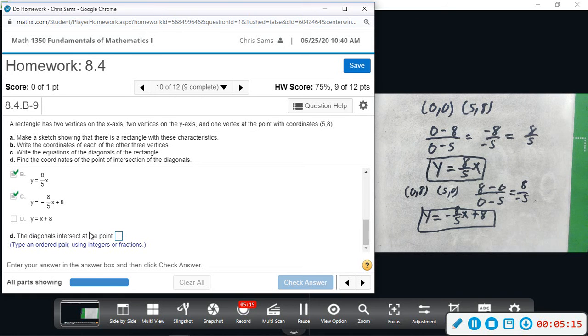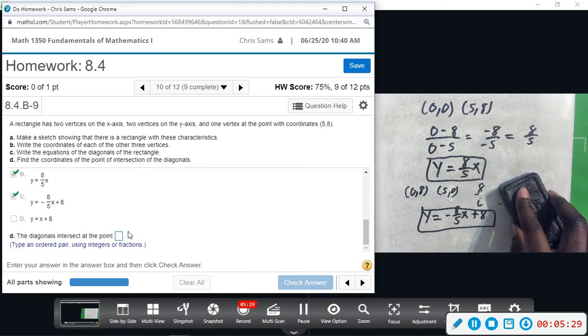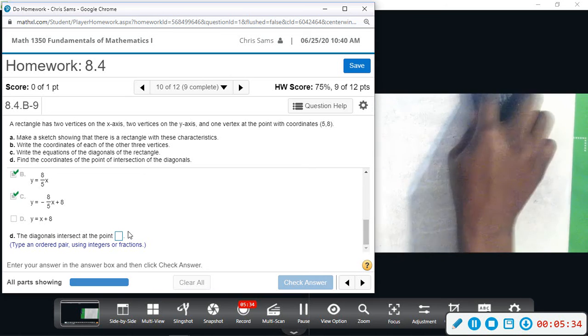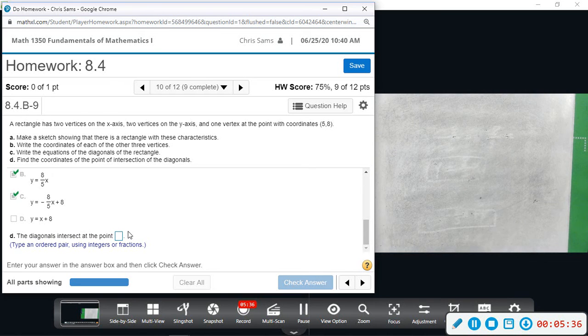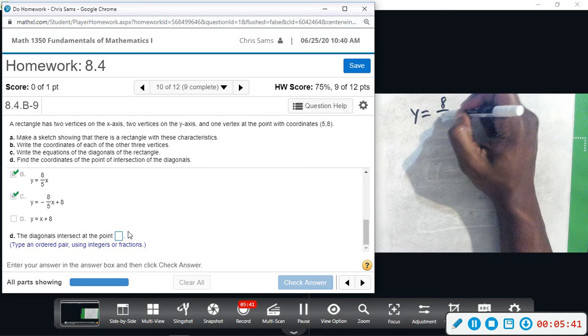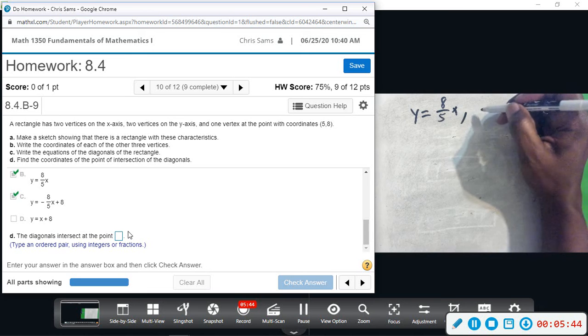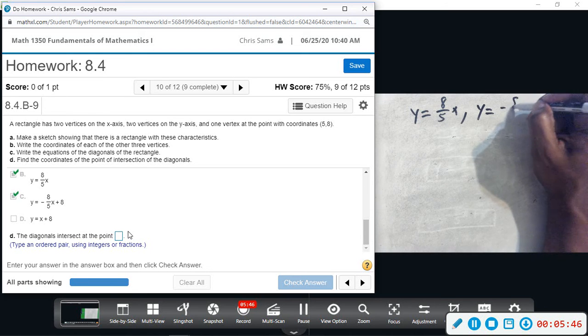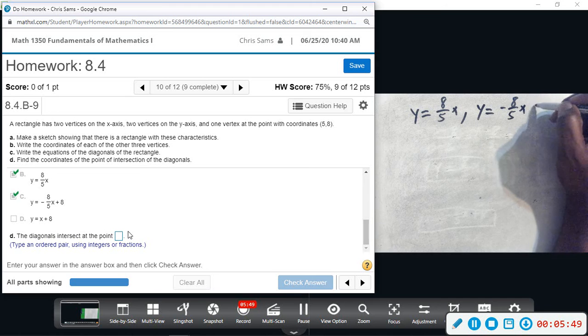And then the diagonals intersect at the point. Okay, so we want to know when these two are equal. We're just going to set both of those two equations equal to each other. So one of them was y equals 8 over 5x and the other was negative 8 over 5x plus 8.